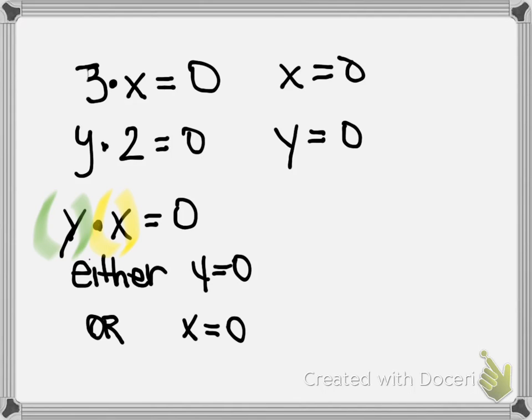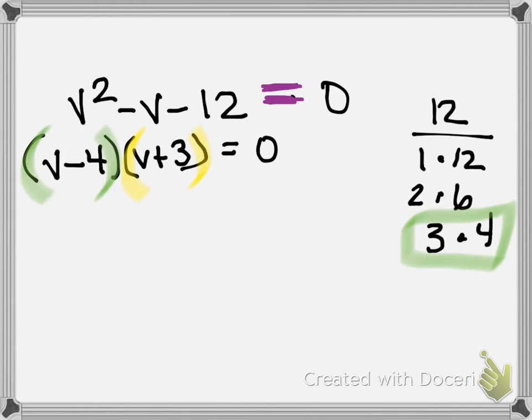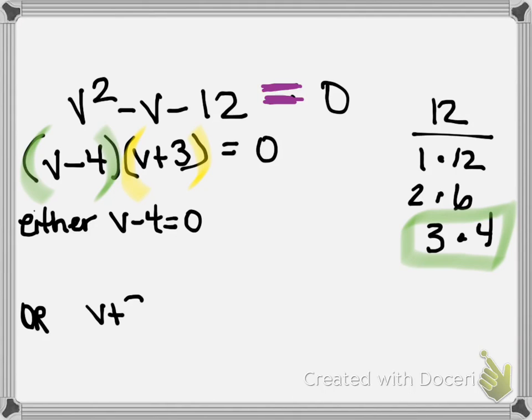So either the first piece is 0 or the second piece is 0. That's the only way to multiply them together to get 0. So either v minus 4 equals 0 or v plus 3 equals 0.